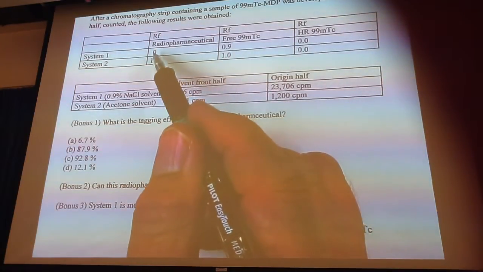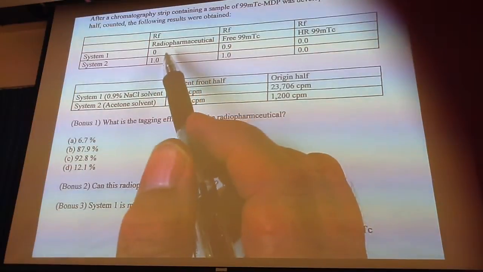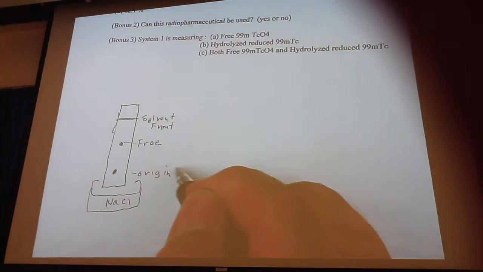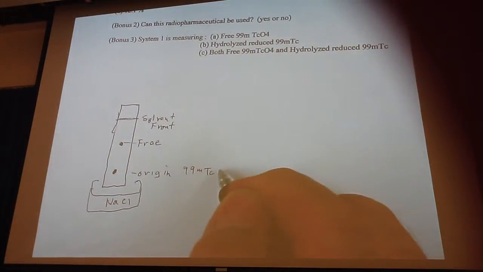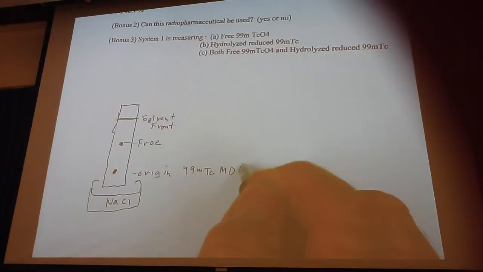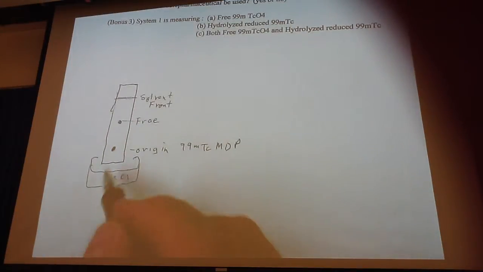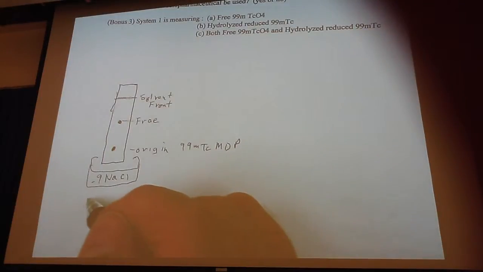So the radiopharmaceutical, I'm sorry, what they're saying here is that the technetium MDP should be down here and not move at all. What's the solvent there? Is that saline? Yeah, it's the 0.9, it's just normal saline. And then this would be system 1.